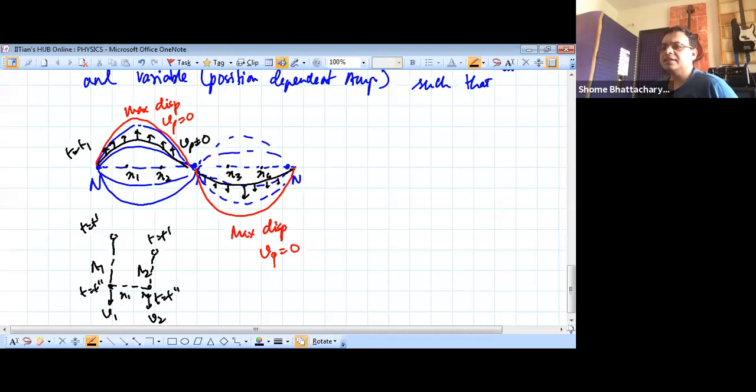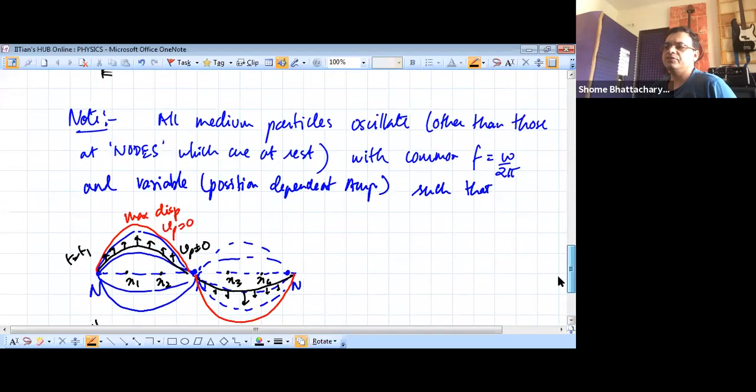But if you compare x1 and x3, or x2 and x3, or x2 and x4, two particles on opposite sides of the same node, instead of being between two consecutive nodes, one on the left and the other on the right, they will be oscillating with a phase difference of pi. So this is the next important thing to understand about the phase of oscillation.